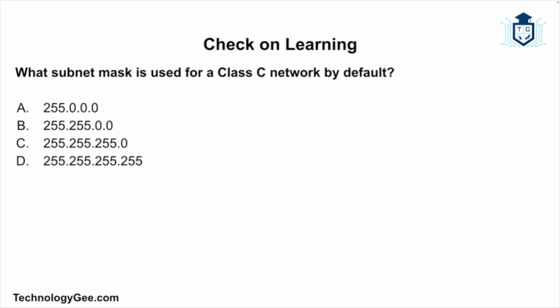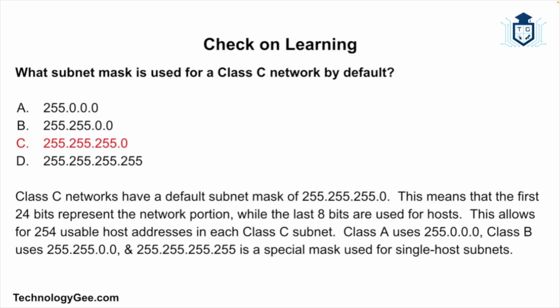Next question. What subnet mask is used for a Class C network by default? Would it be 255.0.0.0, 255.255.0.0, 255.255.255.0, or 255.255.255.255? And of course, the correct answer would be C. So Class C networks have a default subnet mask of 255.255.255.0.